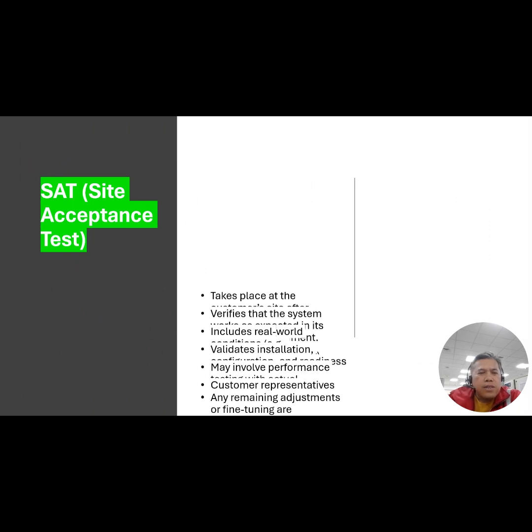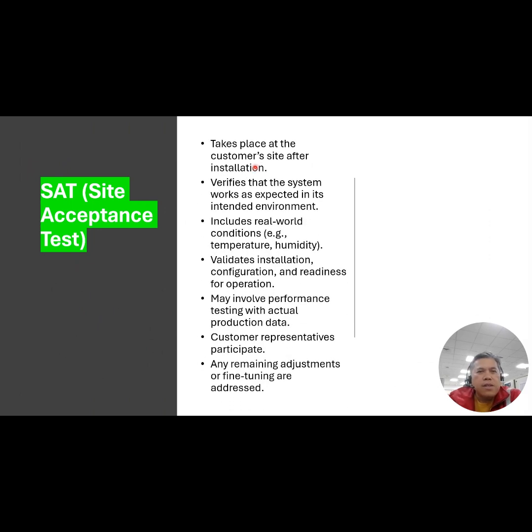Site acceptance testing takes place at the customer site installation, verifies the equipment works in the intended environment, includes environmental conditions, and validates the installation, configuration, and readiness for operation. Any remaining adjustment and fine tuning is to be fixed.